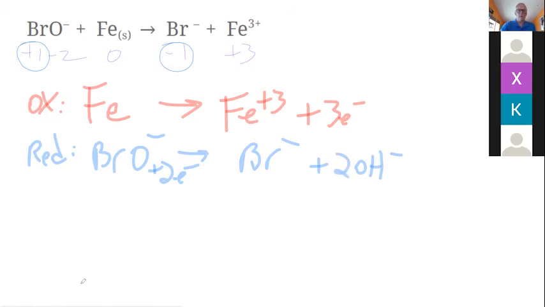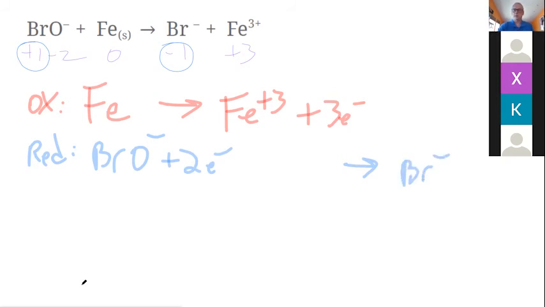So now let me actually move these a little bit. I'm going to need some room. So I've got 2 electrons, and I've got my 2 hydroxide ions. So since I put 2 hydroxides on the right side, I now need to balance my oxygens.